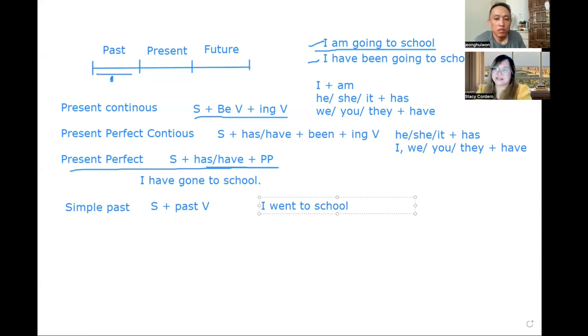Then what does this mean? I used to be there at school. Can you give me the scenario? When will you say that? Give me a situation.